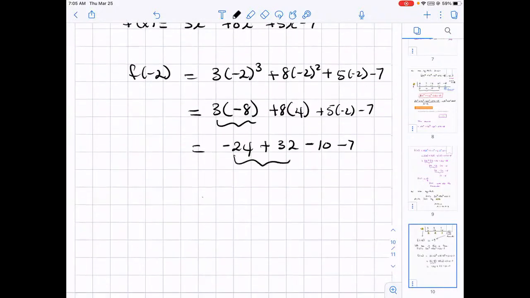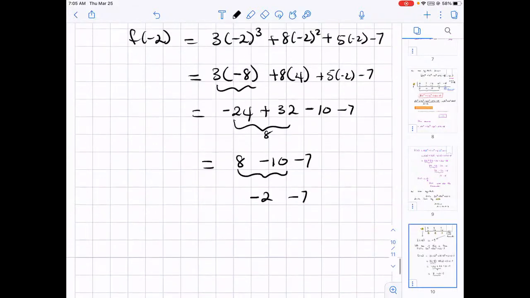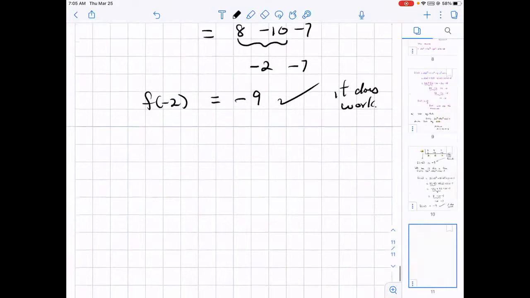Minus 24 plus 32 is positive 8. Minus 10 minus 7 becomes minus 17... and then here I get negative 9. So f of minus 2 is negative 9. So it does work. And that's something you will see always. It will work.